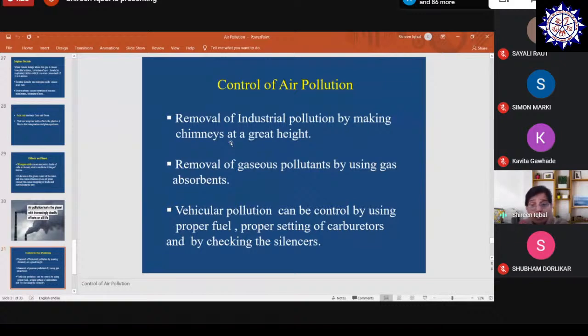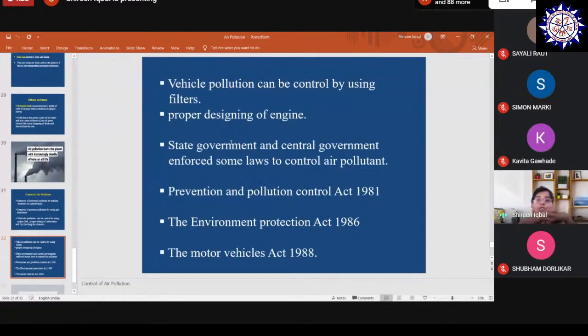Then this air pollution can also be controlled by using proper fuel. So leaded and unleaded petrol जो है वो available है. Usually unleaded petrol जो है उसका use करना चाहिए. Carburetors को check करते रहना चाहिए. Silencers also should be checked properly, just to prevent the air pollution.